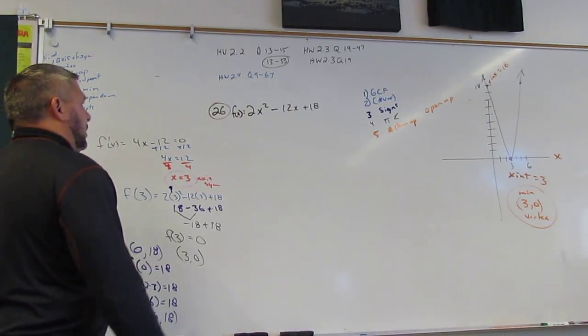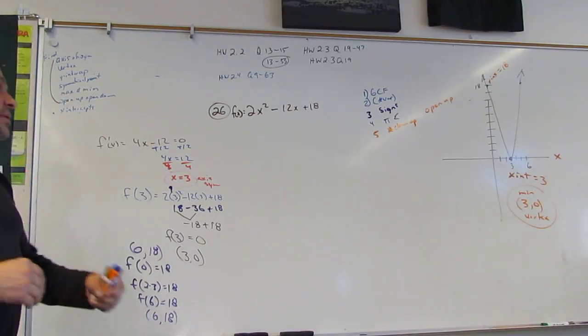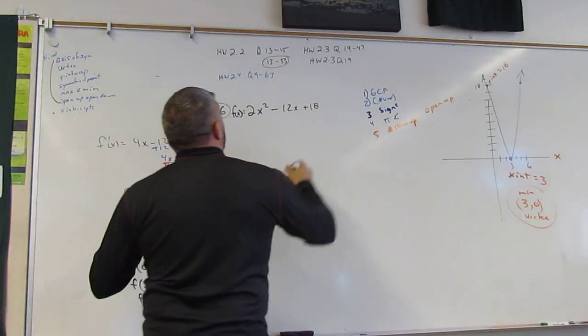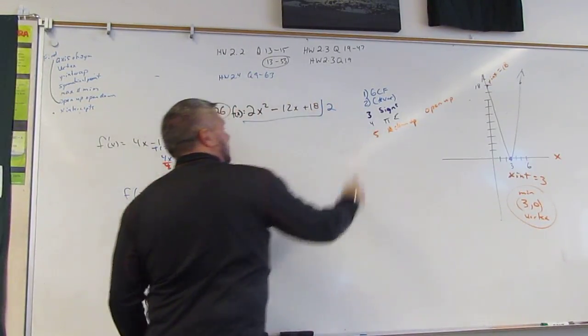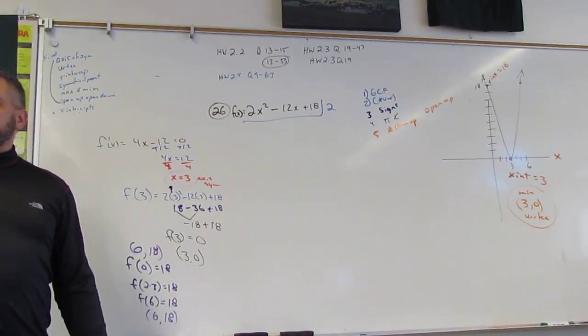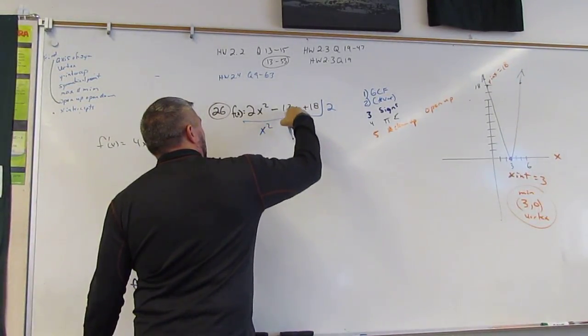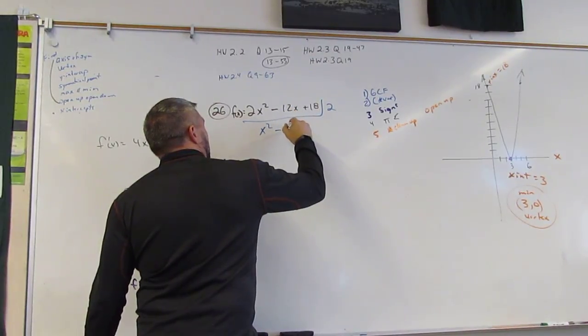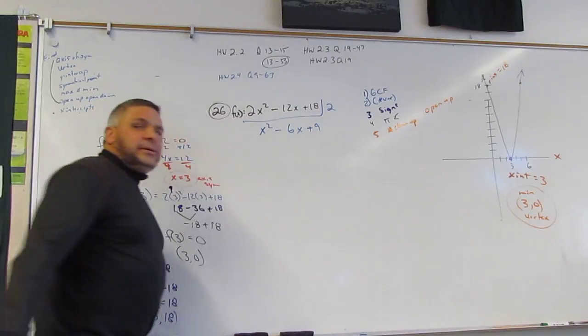All right. So, first off is GCF. What goes into 2, 12, and 18? 2 does, right? How many times? Once. 6. And 9, right?